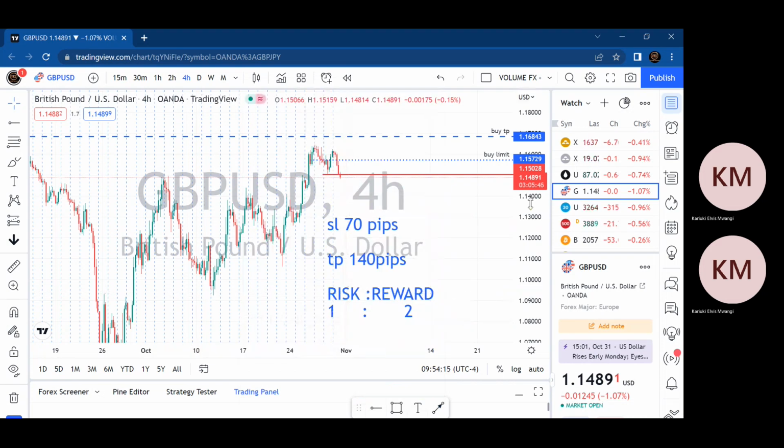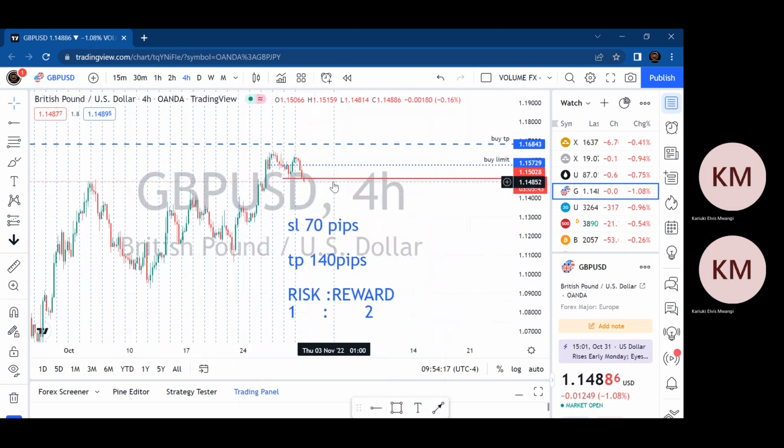So my stop loss is what I'm willing to lose. With this one, I was willing to lose 70 pips, and I was very comfortable with that. My take profit was 140 pips.